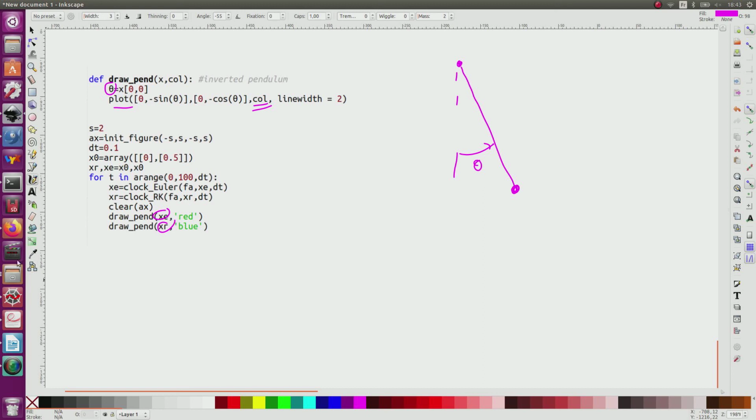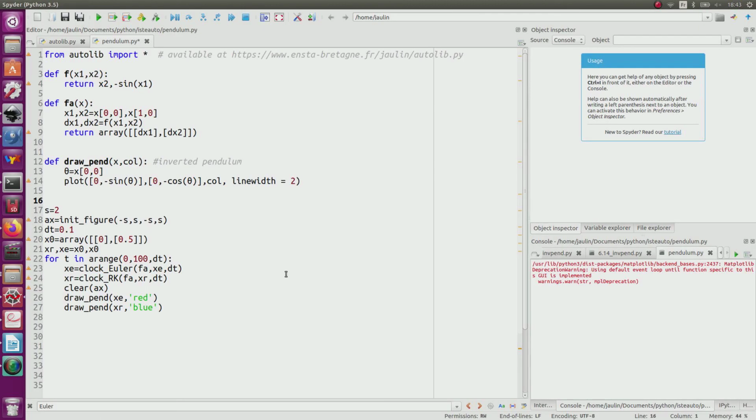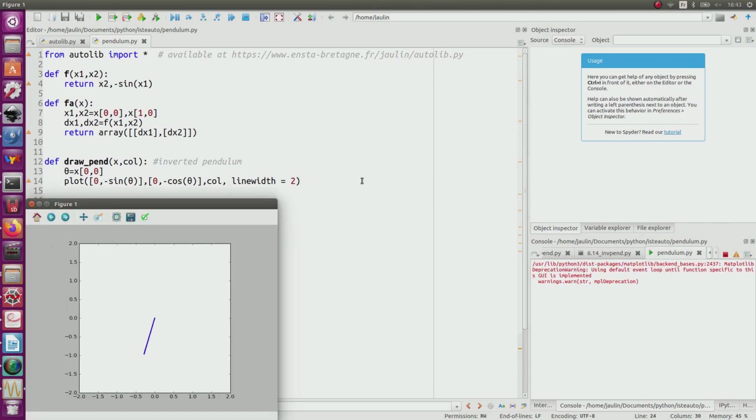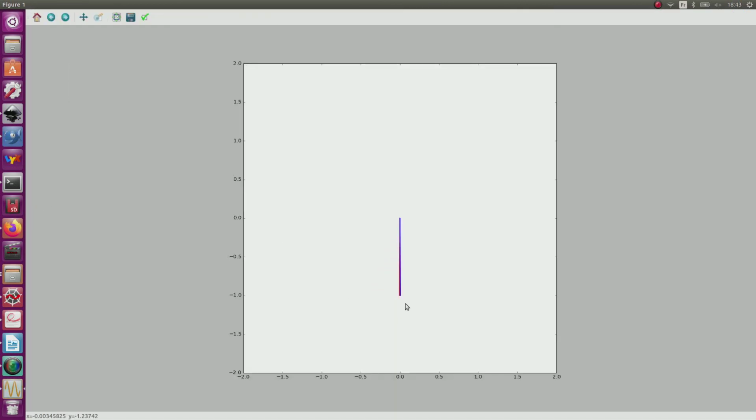I switch to Python. Here I run the program, and I can see that at the beginning they started at the same position, but the Euler integration is inaccurate. The pendulum takes more and more energy, which is not consistent with reality.